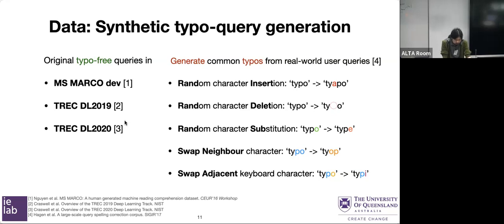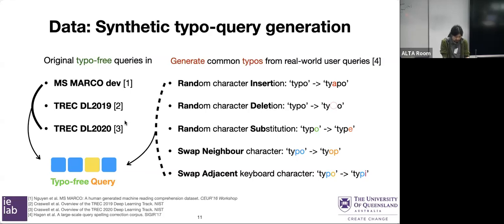Specifically, we're using 5 realistic typo generators, as you can see on the right side. For each query in each dataset, we randomly sample a word from the query, and then generate a typo by randomly sampling a typo generator and applying it to that sampled word. So the generated typo queries share the same relevant passages with their typo-free ones in our setting.